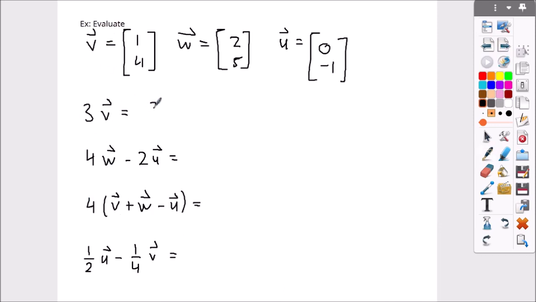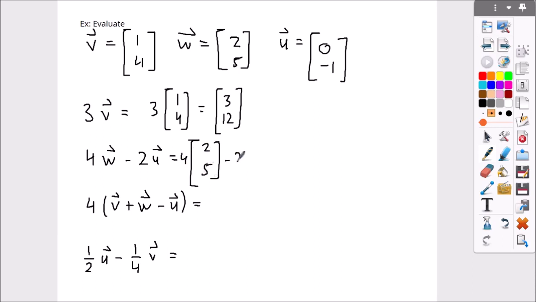So 3v is 3 times 1, 4, and this looks kind of like the distributive property, and you wouldn't be wrong if you said it was the distributive property. It's just 3, 12. 3 times 1, 3 times 4. What's 4w minus 2u? 4w is 4 times 2, 5, and then minus 2 times u, so 0, negative 1.